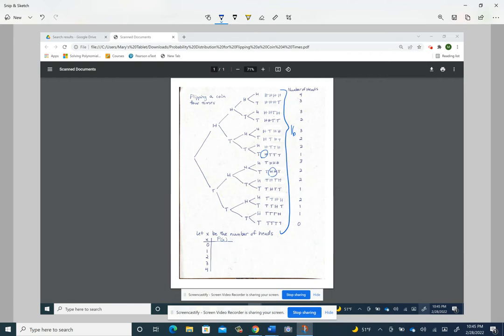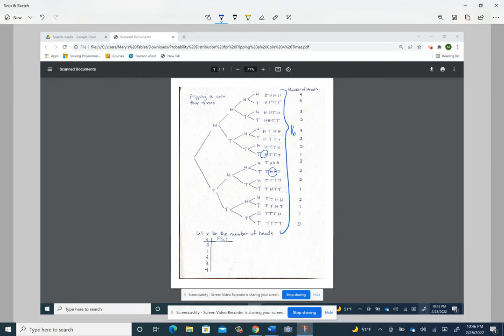What we're going to do is make a little chart that we're going to use later. I'm going to let X be the number of heads we got in a result. And what we're going to do is think a little bit about the probability of getting no heads, 1 head, 2 heads, 3 heads, or 4 heads.